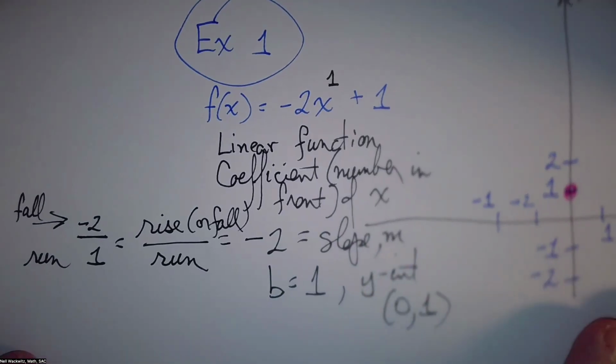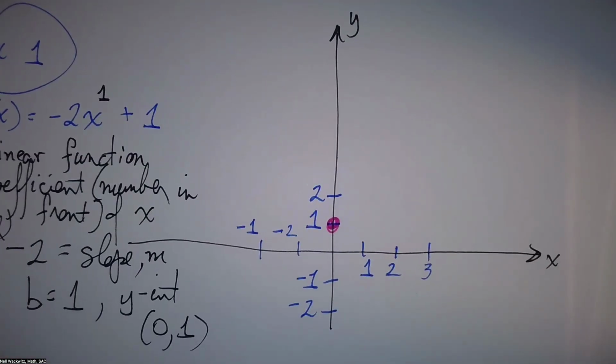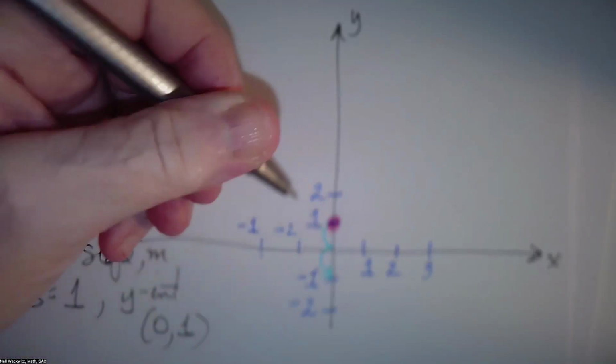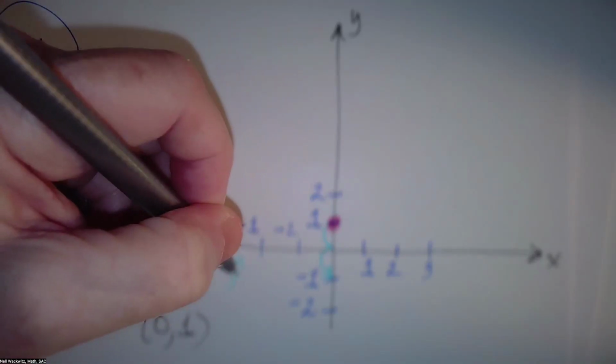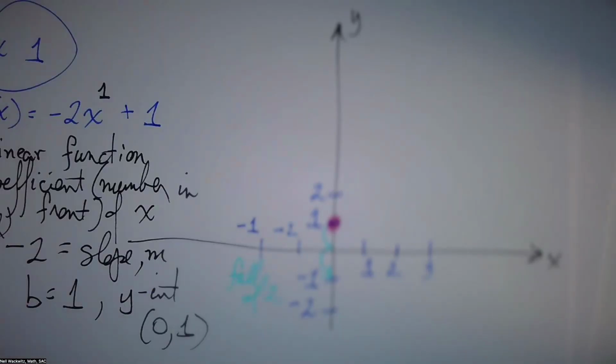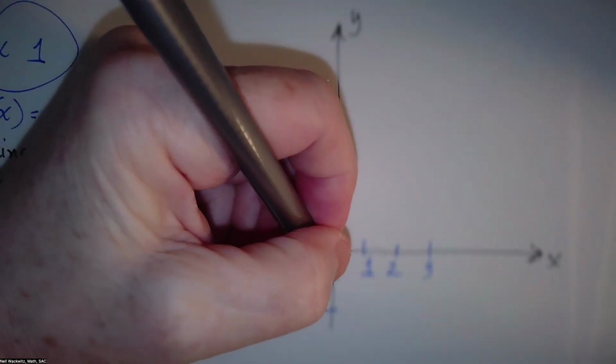So starting at our point 0, 1, let's do a fall of 2 and a run of 1.